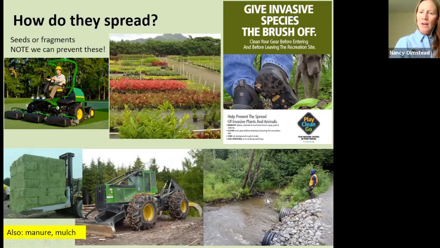In the bottom right, we're seeing a photograph of a stream crossing that has been rebuilt, culverts here. And so there's two potential ways that invasive plants could move around associated with things in this photograph. So the first is water.